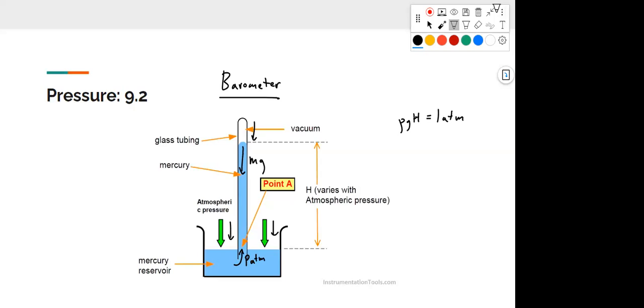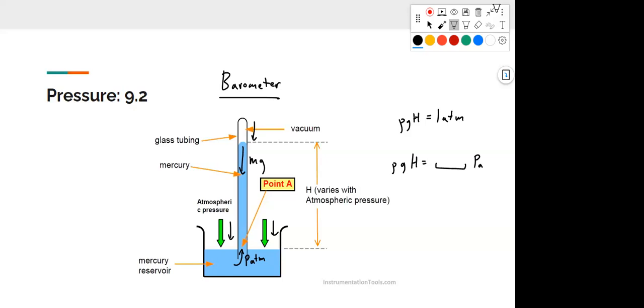And so by measuring the height of the fluid h, we can figure out what the pressure is, right? If we know rho of the fluid and we know g, then this will tell us an exact value for what the pressure is, maybe in pascals.